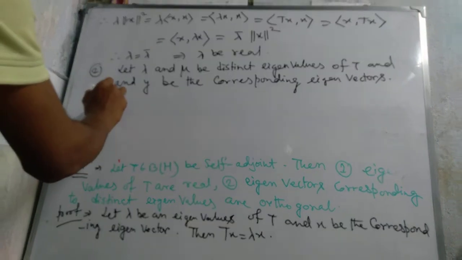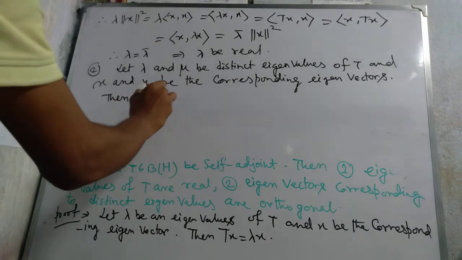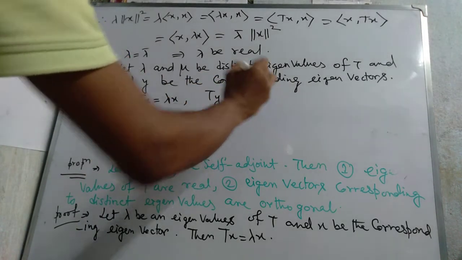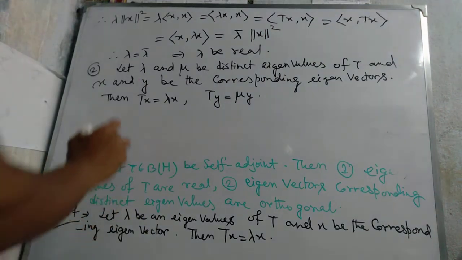Then Tx equal to lambda x and Ty equal to mu y.